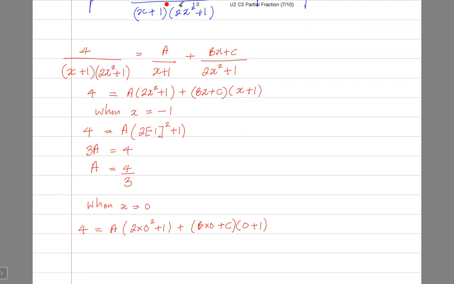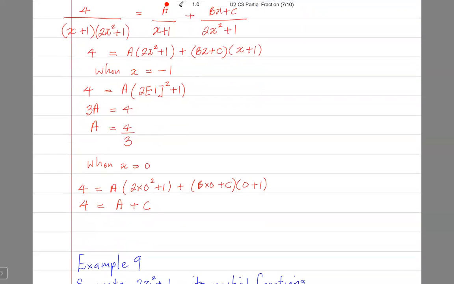So that is if x is 0. So what I'm going to have is 4 is equal to A, B times 0 is 0, so B goes, and C times 1 is C. So 4 is equal to A plus C, and I can say that C would be equal to 4 minus A, but A is 4 over 3. So this is 8 over 3.